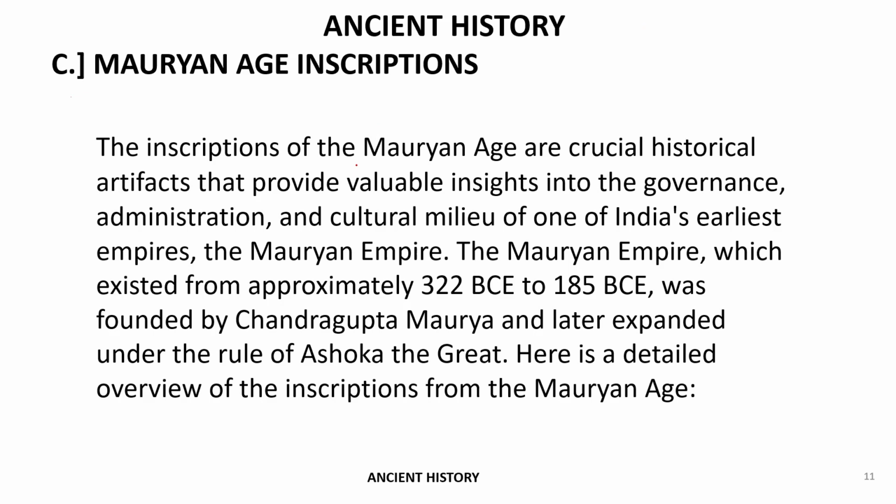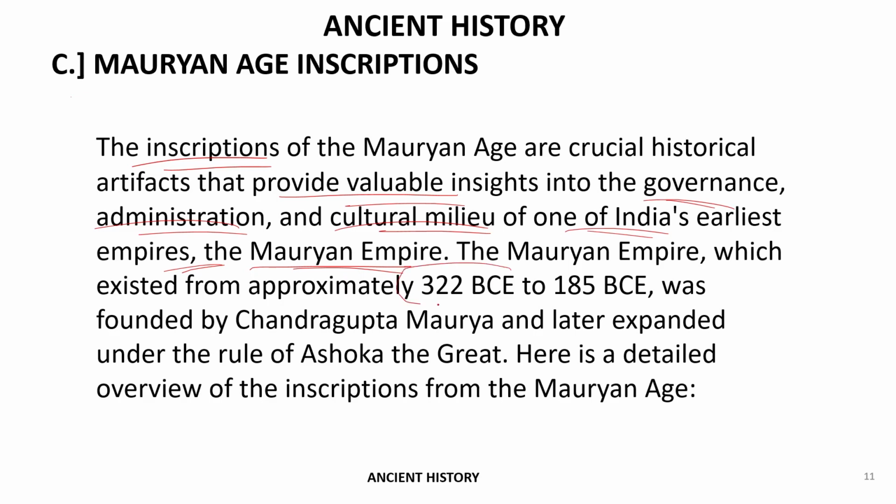Basically, the inscriptions of the Mauryan age are crucial historical artifacts that provide valuable insights into the governance, administration, and cultural milieu of one of the earliest empires, the Mauryan Empire.